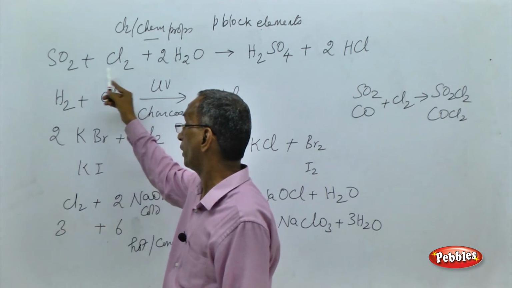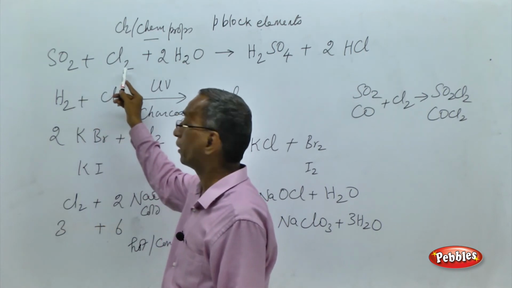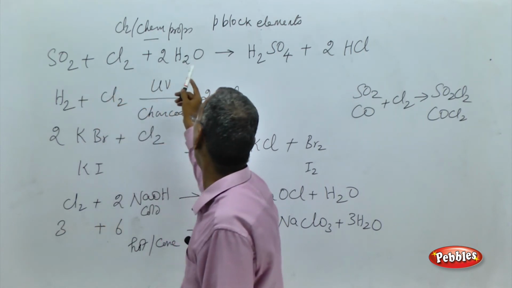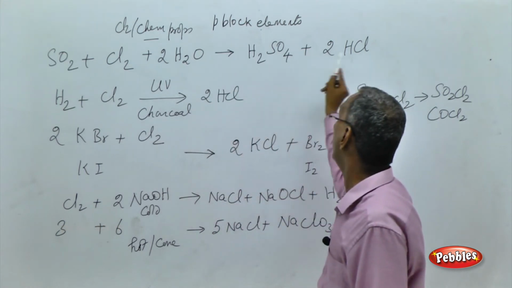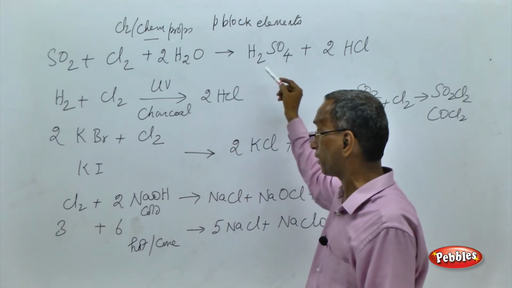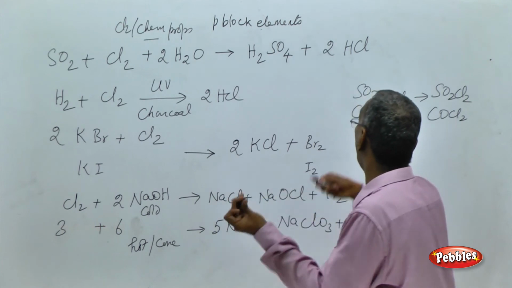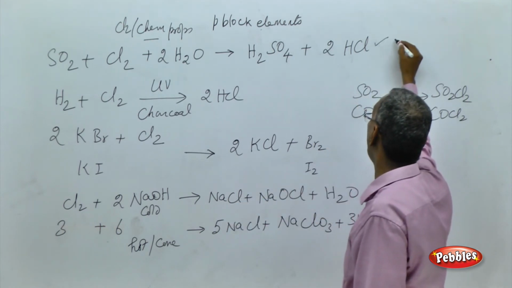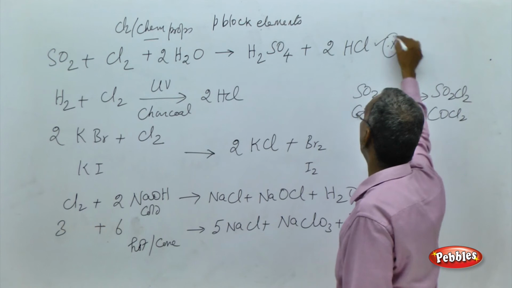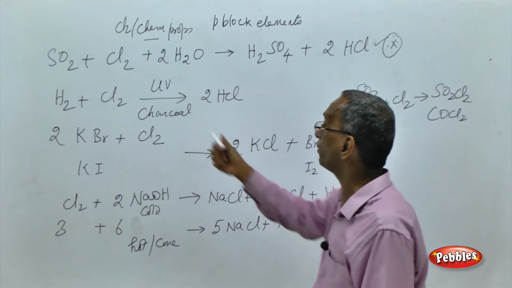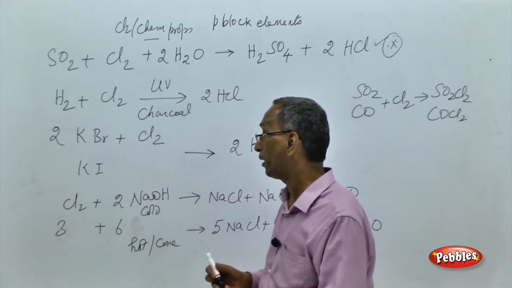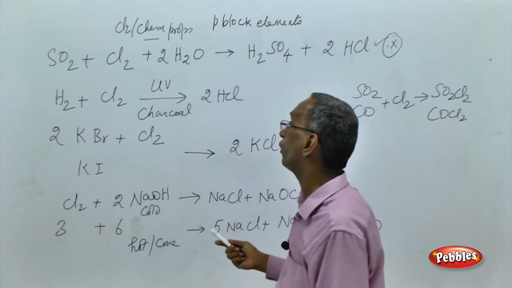SO2, sulfur dioxide, is a gas, chlorine is a gas, water is a liquid. It forms sulfuric acid and hydrochloric acid. Two mineral acids are formed. This reaction we have already seen many times. It is an important reaction where chlorine reacts with water and sulfur dioxide to form sulfuric acid and hydrochloric acid.